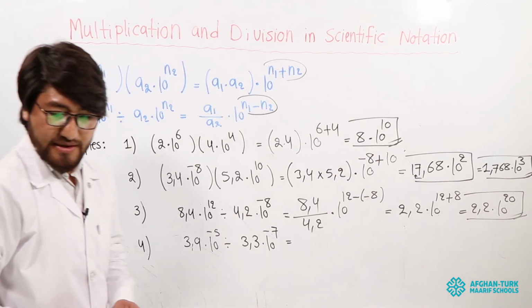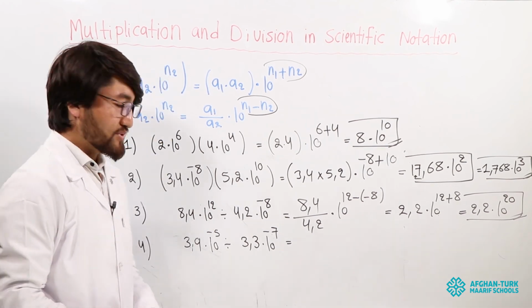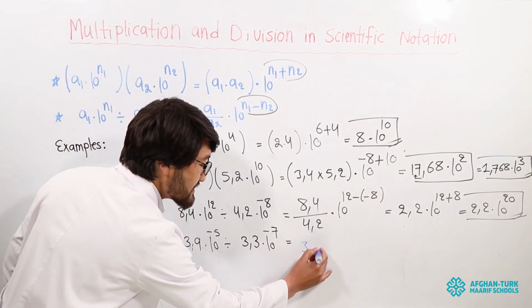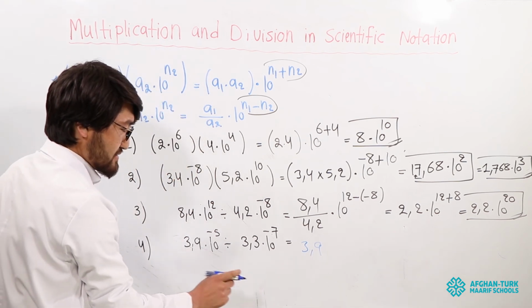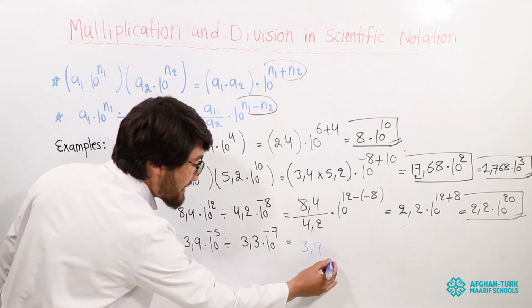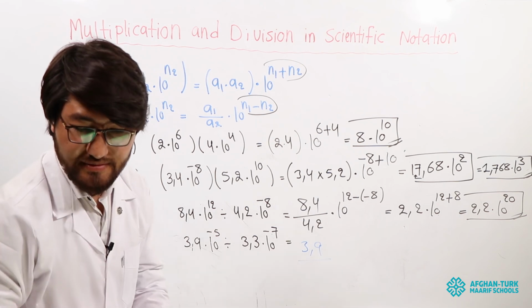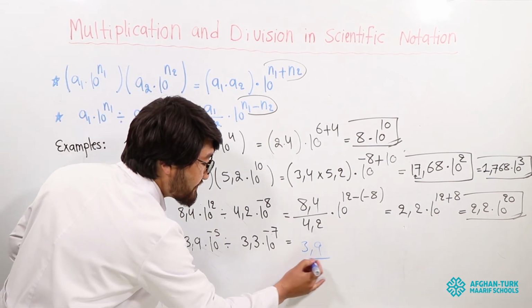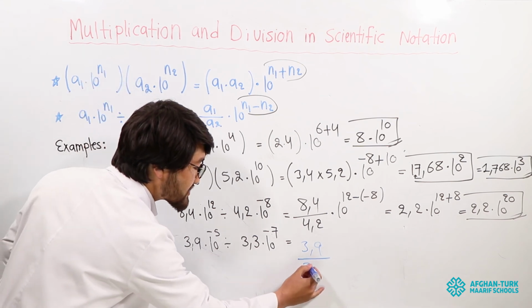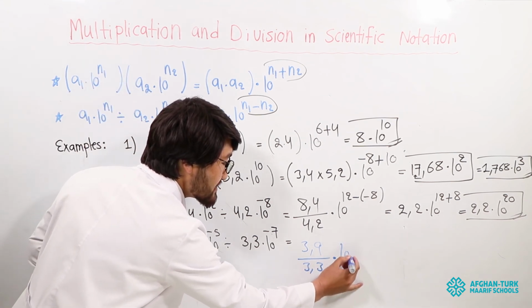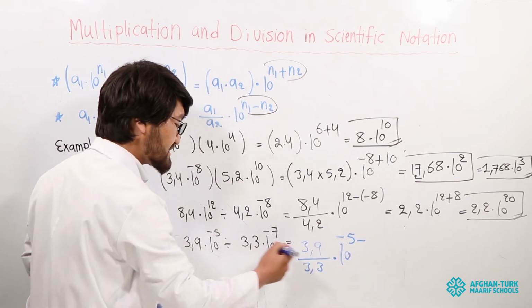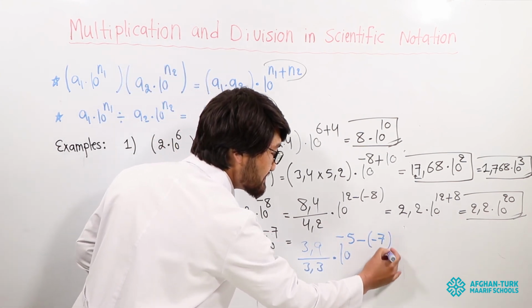Okay, comes the next example. Here we have also two numbers. We divide the numbers first. 3.9 divided by 3.3 times 10 to the power of -5 minus 7.